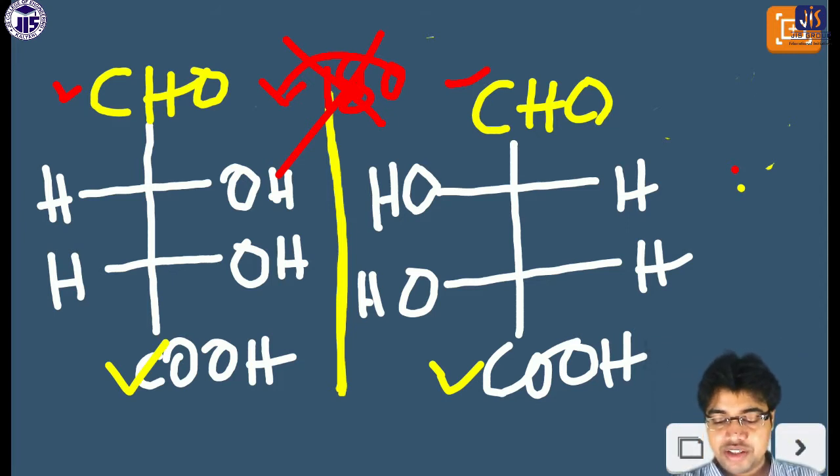Then this group will come here, so that means it will not overlap with each other. If you rotate 180 degrees and the upper side group and the lower side group are different, not the same, these will not overlap with each other.